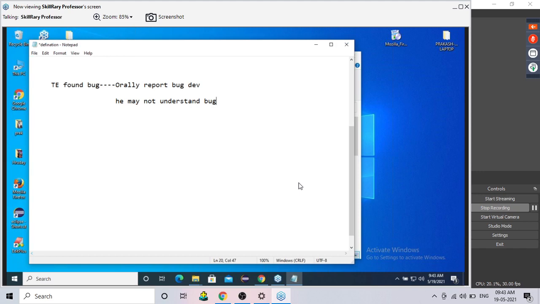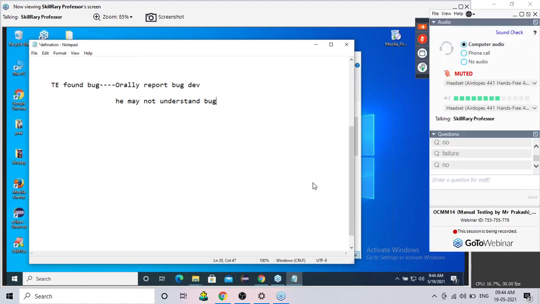Boss, in compose, there is CC, there is save as draft, there is the body part, there is the attachment part. From compose, we can send, we can save, we can close. So when you say compose is not working, exactly what under compose is not working? That information should also be given.